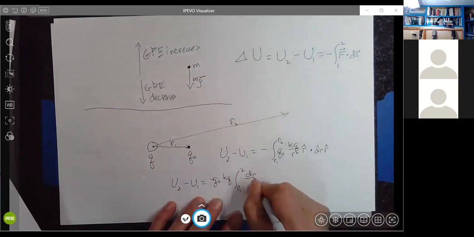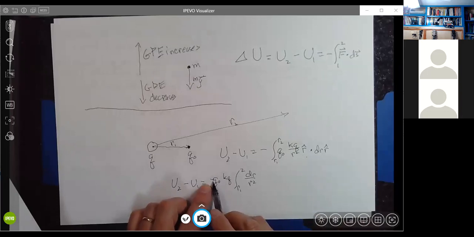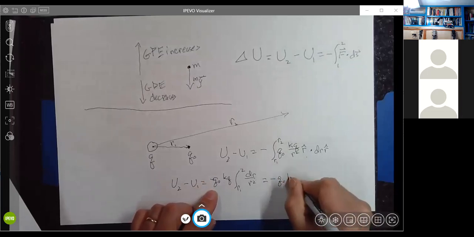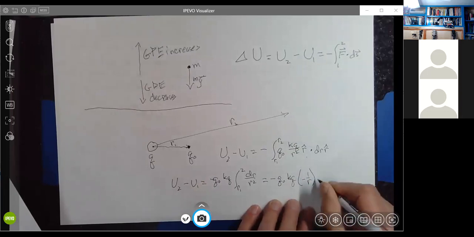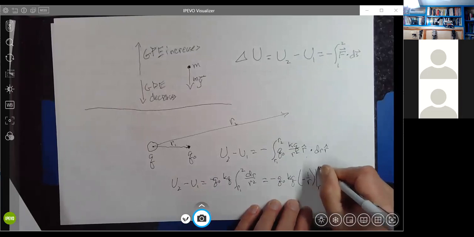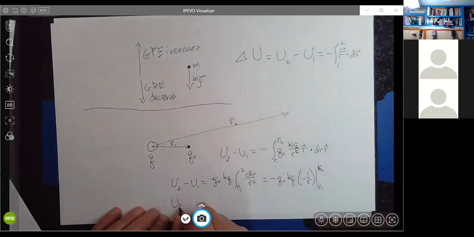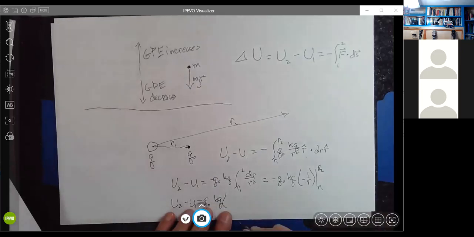That integral is just minus 1 over r. A minus and a minus give me a plus, and U2 minus U1 equals Q naught k Q times 1 over R2 minus 1 over R1. That's the difference in potential.